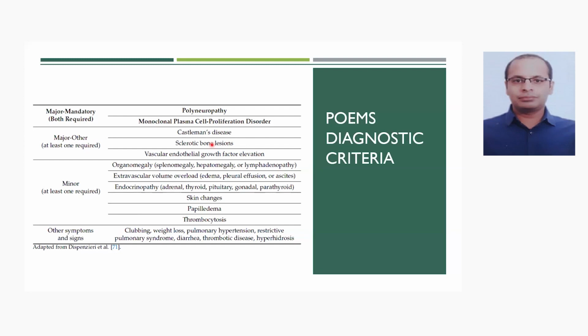Minor criteria are organomegaly, that is liver, spleen, or lymph node enlargement, serositis in the form of edema or pleural effusion, and endocrinopathy like adrenal, pituitary, or gonadal. Thyroid and pancreas are not considered in this because of the common prevalence. Otherwise, there can be skin changes, papilledema, or thrombocytosis.